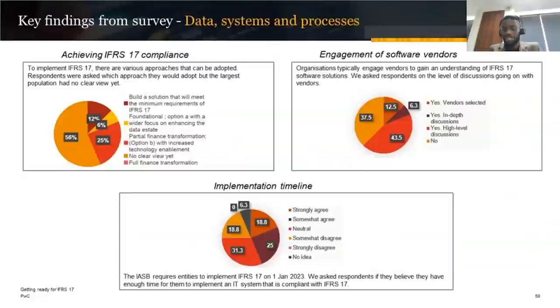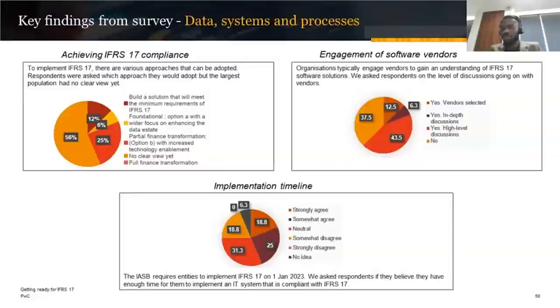Then about 25% said there would be a partial finance transformation, while 57% of the respondents do not have a clear view yet on how they are going to approach the systems for IFRS 17.